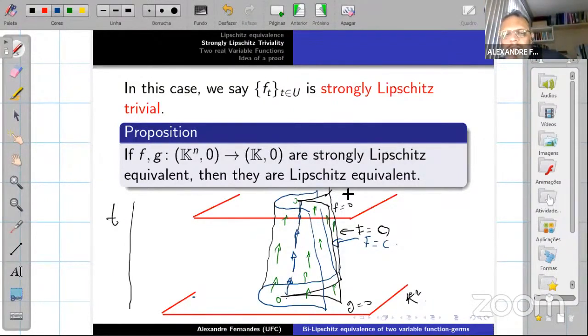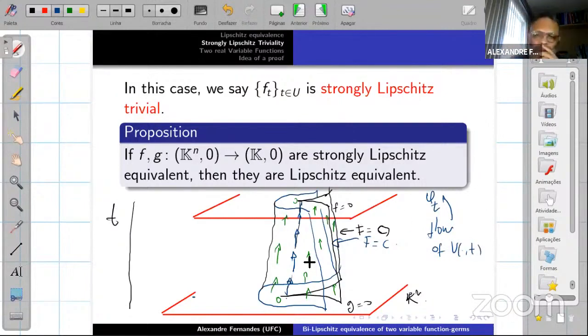Then when you integrate the flow of V, our vector field, we have a family of homeomorphisms. The hypothesis that the t component, the vertical component of V, does not degenerate, gives us that when you take the integral curve of x starting in the bottom, this integral curve goes to the top.